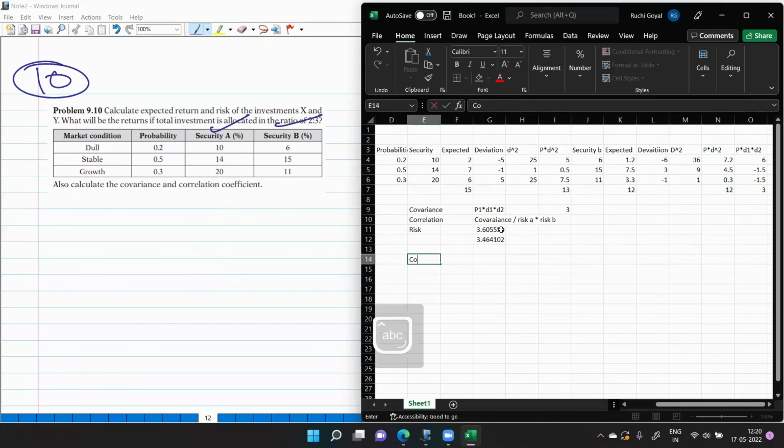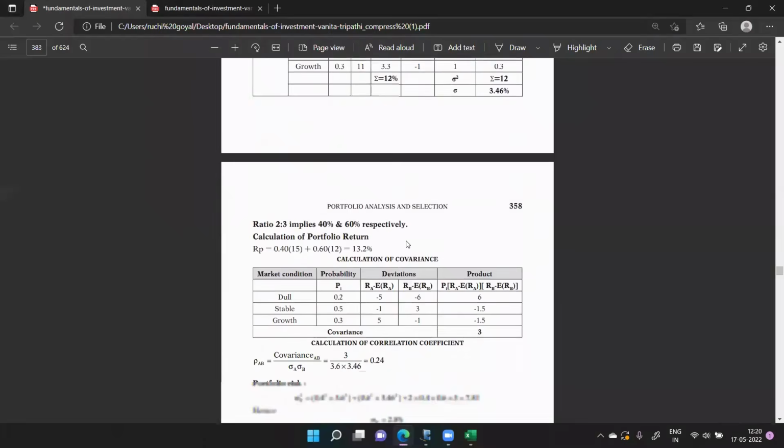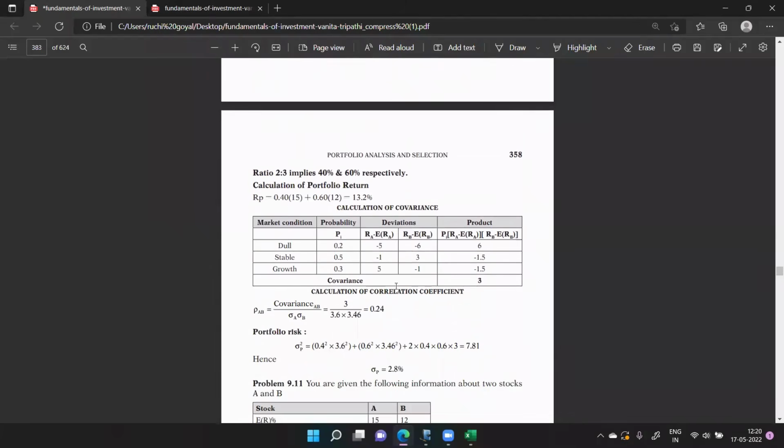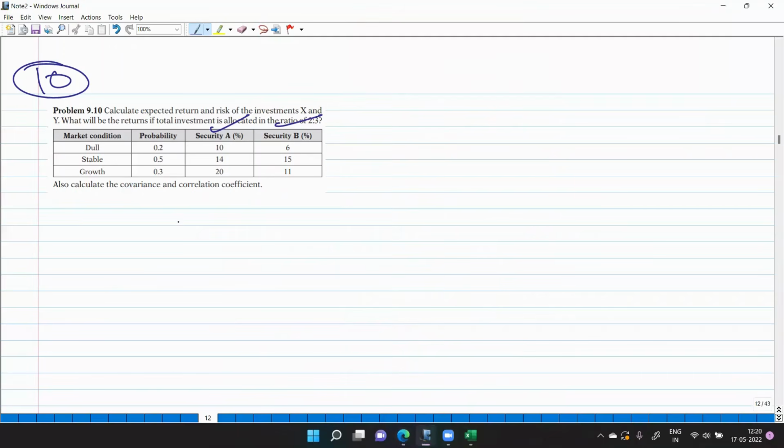Now how will I find correlation? It is covariance divided by this into this. So it is coming out to be 0.24. Let's check. 0.24, and our covariance came to 3, and this is our correlation.